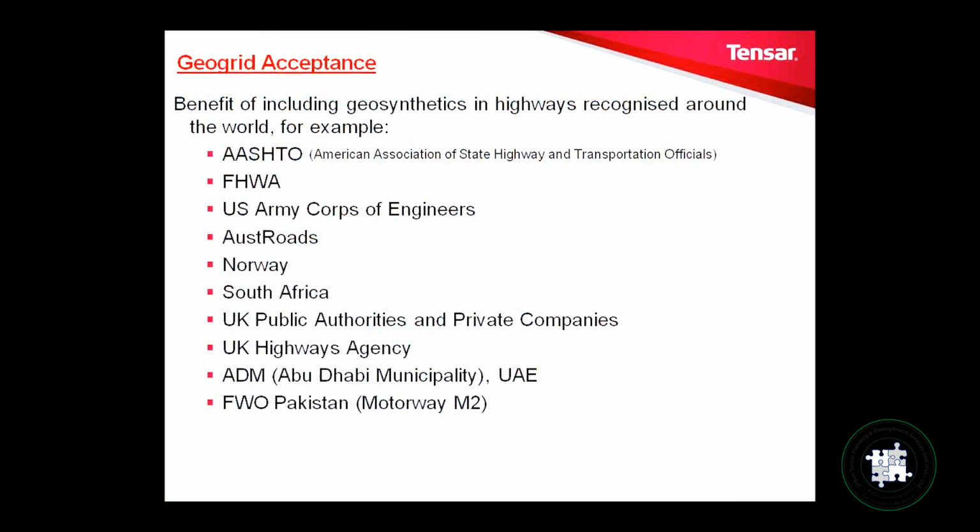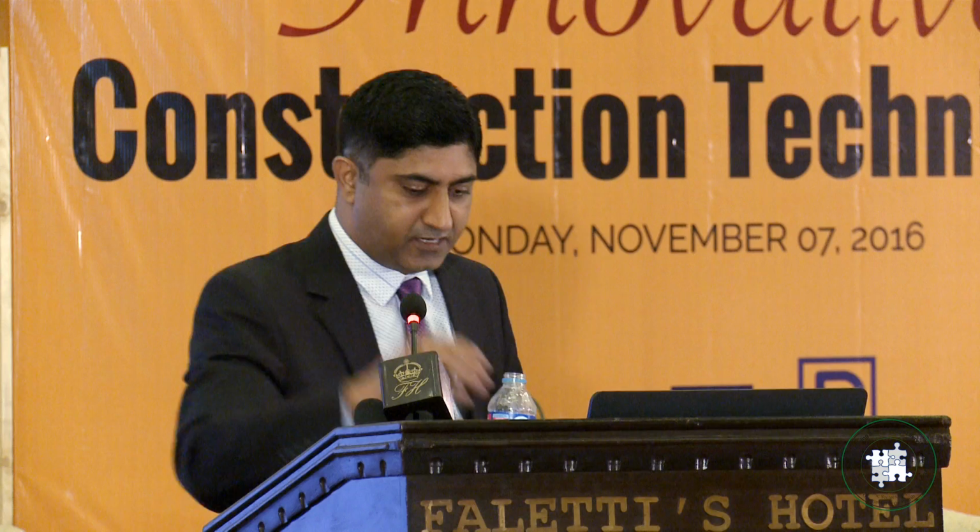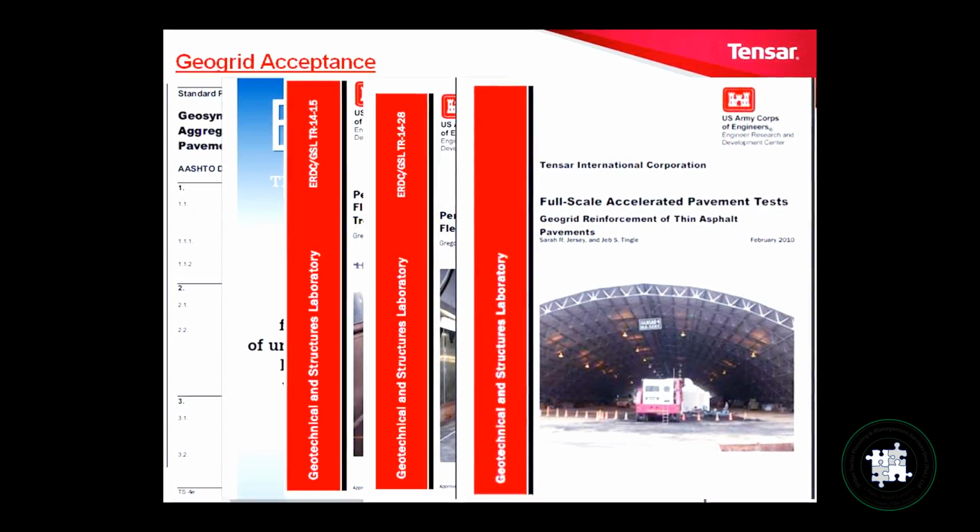AASHTO R5009, again a public document, you can get access. It gives the methodology of designing. Then European organization, US Corps of Engineers, several testing. Then Texas validation on site. There is one small piece of research work at UET Lahore that was done back in 2007 for the proposed Sialkot motorway project.